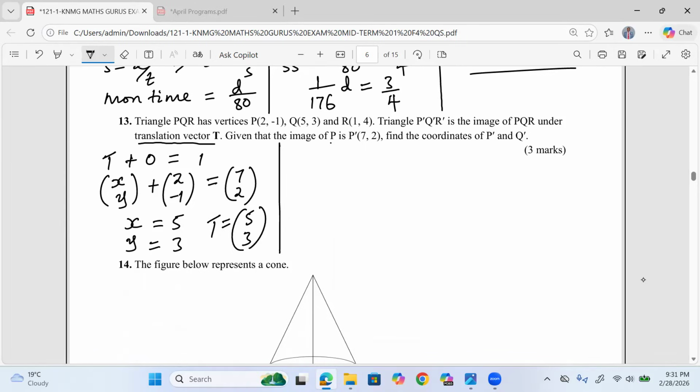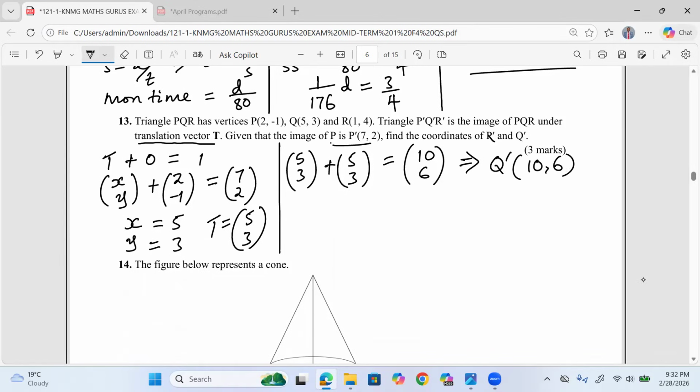And this should not be P, it should be R prime and Q prime, because we already have P. So we start with Q. For Q, we say translation vector plus the column vector of Q, which is (5, 3). You know, this is giving us (10, 6), meaning that Q prime is going to be (10, 6).